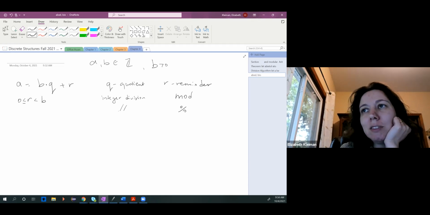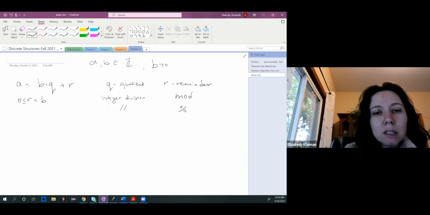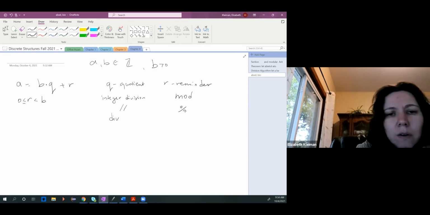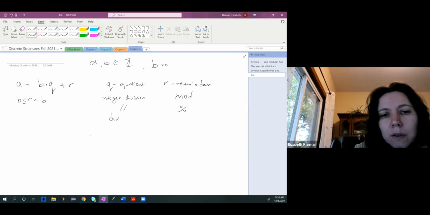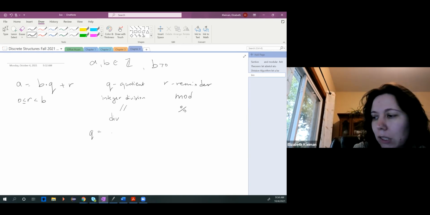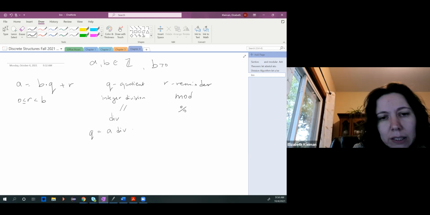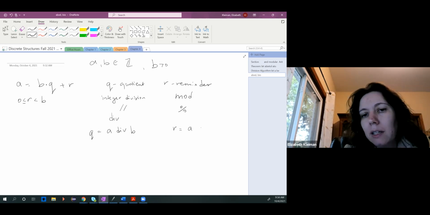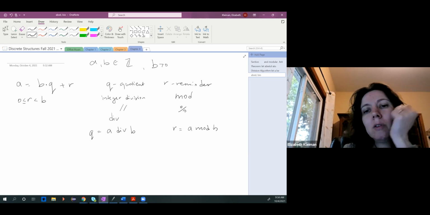This is a function called div. So Q is equal to A div B, and R is equal to A mod B.